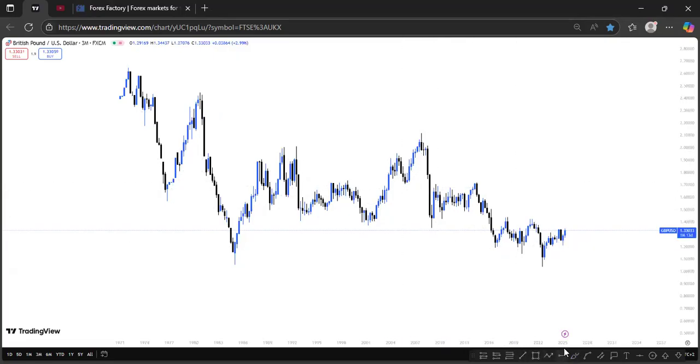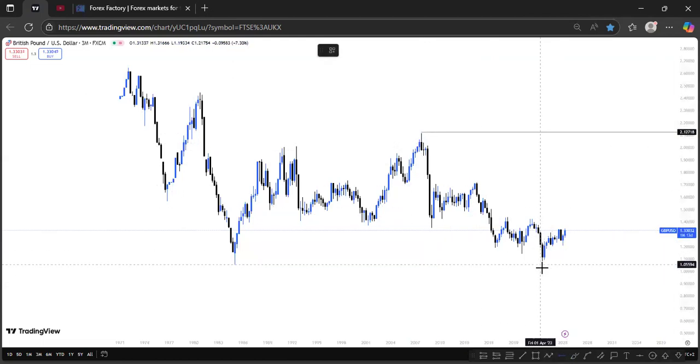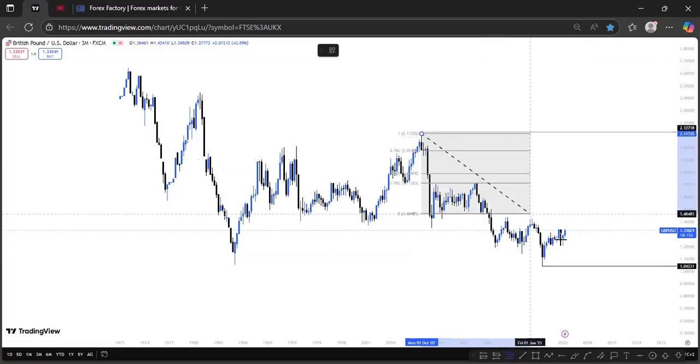On the 3 months time frame, we are going to mark out a swing high and a swing low. When we mark these out, we can clearly see that price is giving us what we call a retracement. On this retracement, price needs to get to the premium level before it finds sell pressure to the downside.